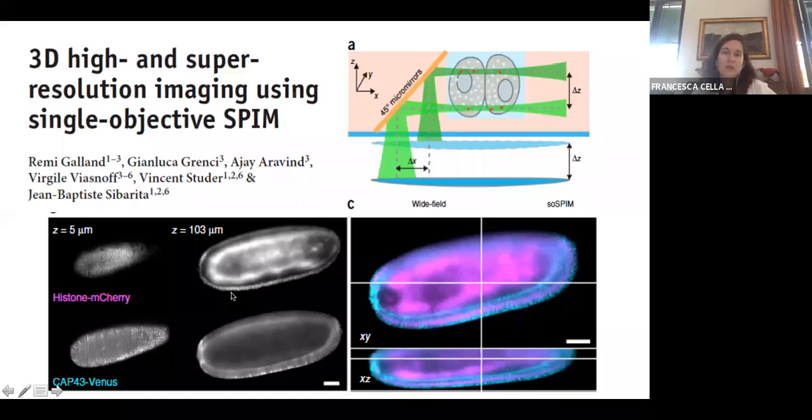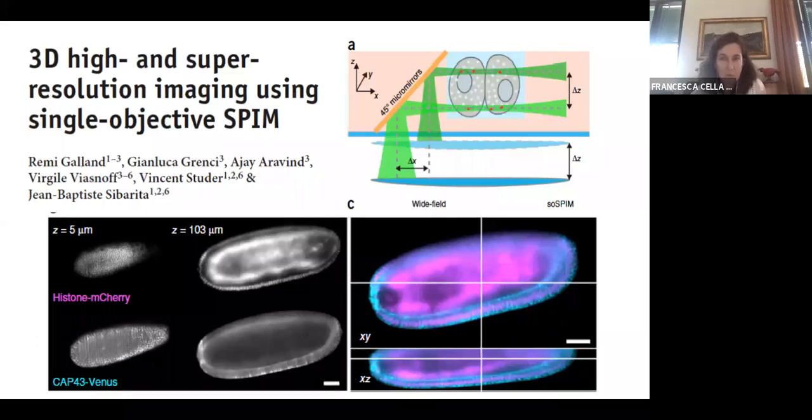I wanted to mention, this has been taken from the literature, also another option that can bring the technique closer to the biological question. And this is the single objective SPIM. In this case, some micro mirrors will bring the light on the focus of the detection lens.